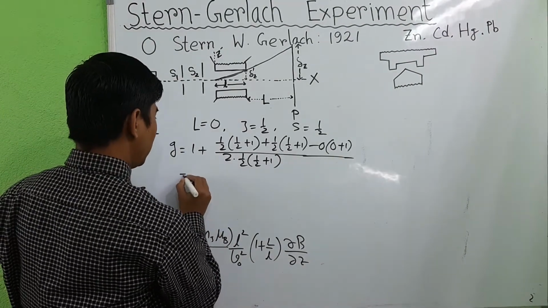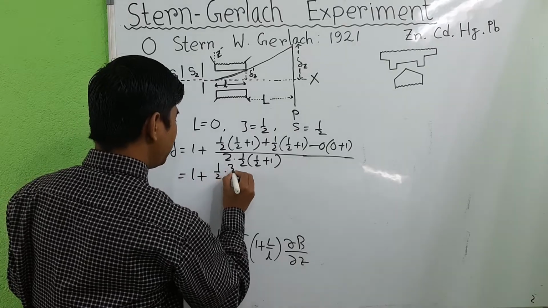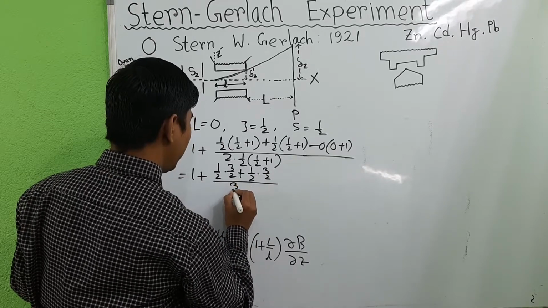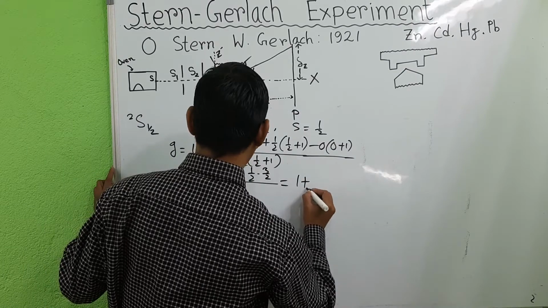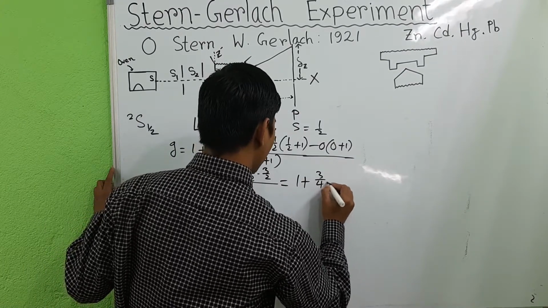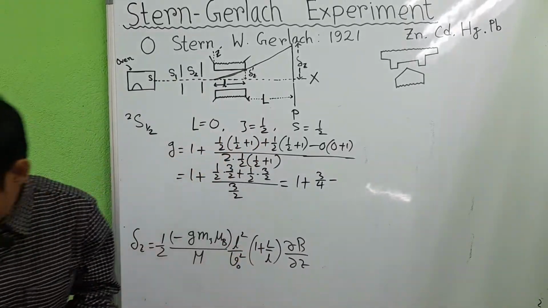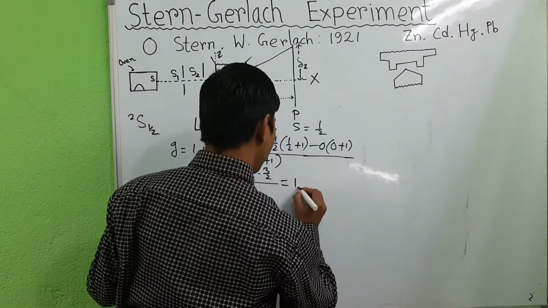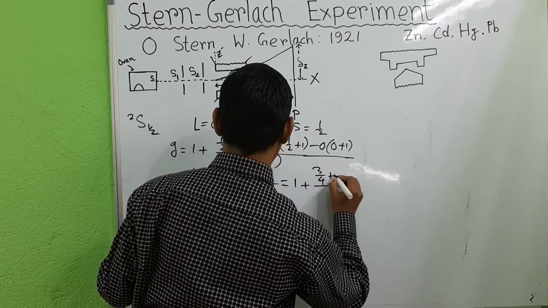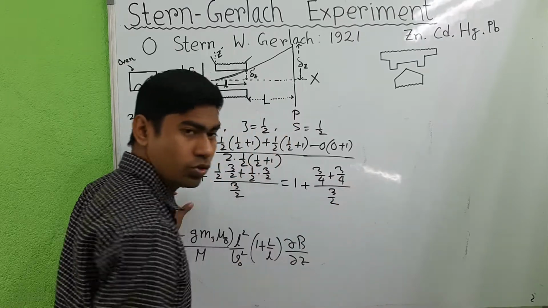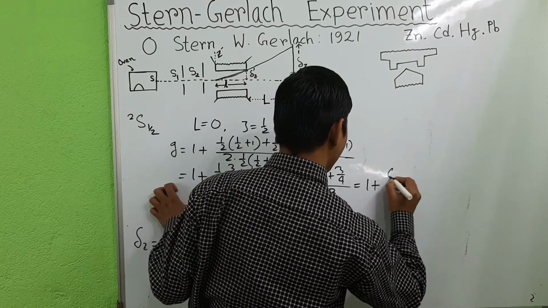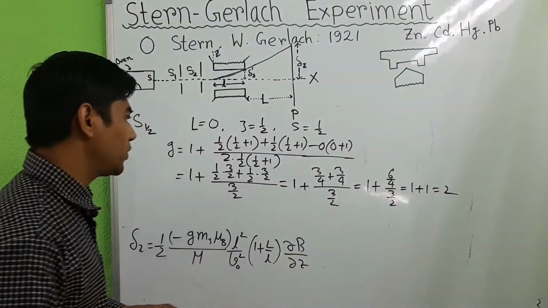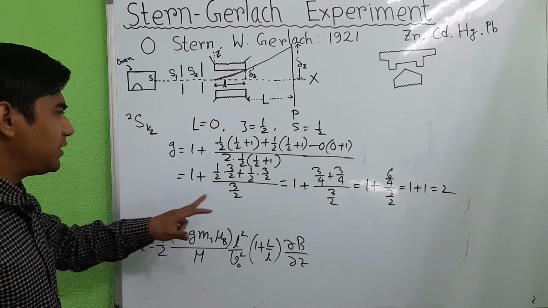So this equals 1 plus 3 by 4 plus 3 by 4 by 3 by 2, that is 1 plus 6 by 4 by 3 by 2, that is 1 plus 1 equals 2. So the value of the Lande g factor is 2.